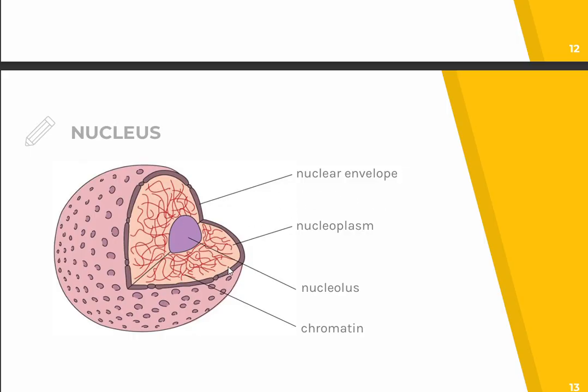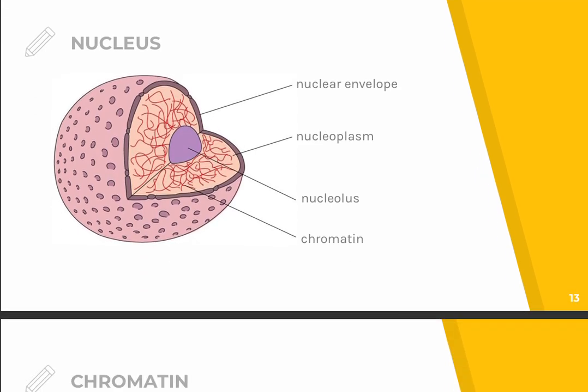The liquid inside the nucleus is known as the nucleoplasm, and the center part where most of the substance inside the nucleus is concentrated, we call the nucleolus, and the material inside it, we call chromatin.